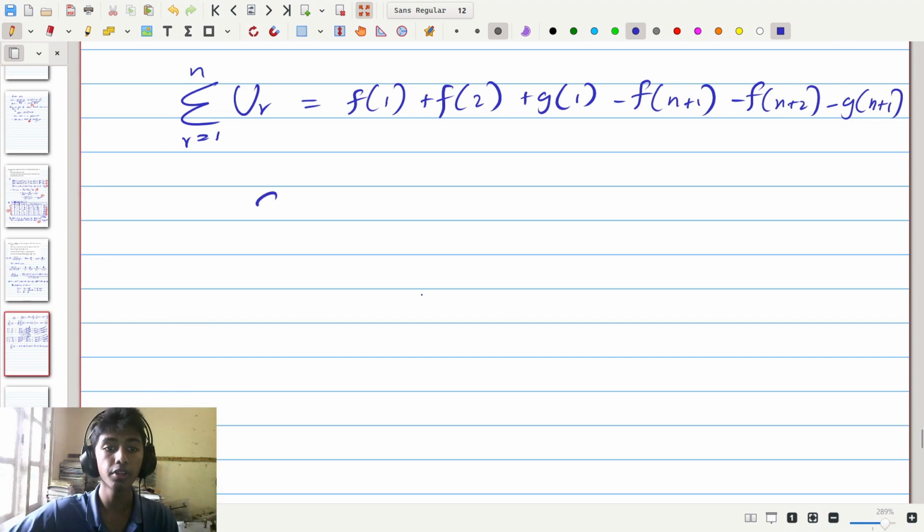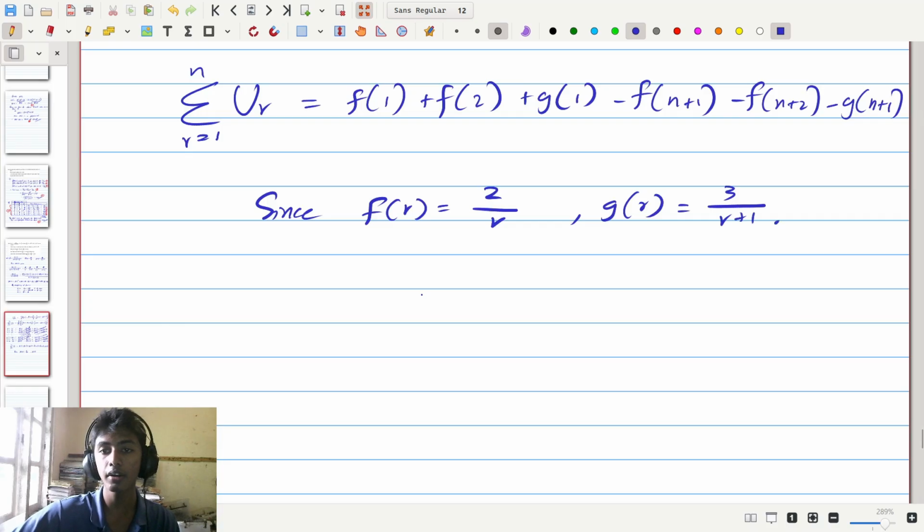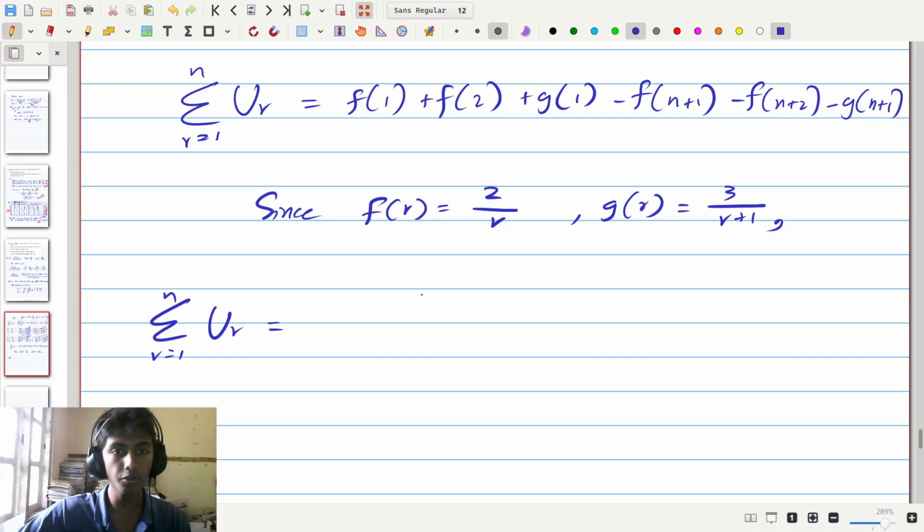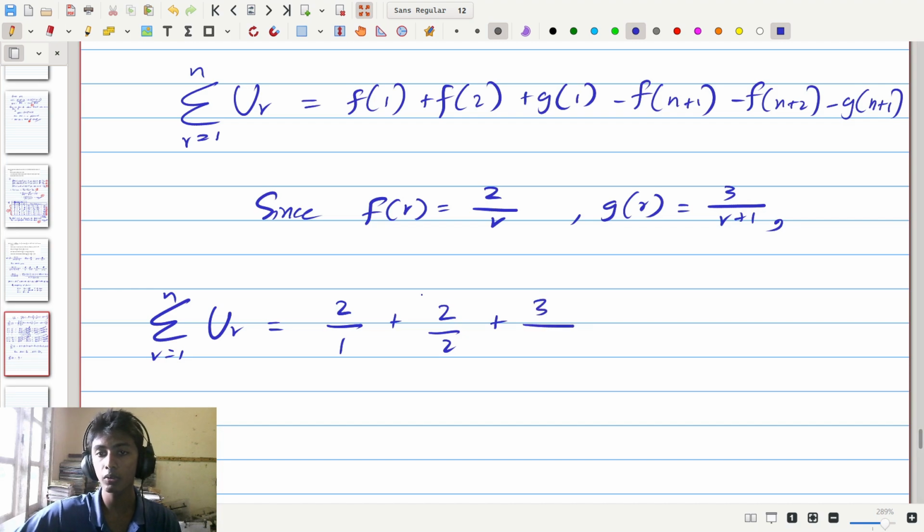So as we know, since f of r is equal to 2 over r and g of r is equal to 3 over r plus 1, we get that the sum from r equals 1 up to n of u of r is going to be equal to, now if we go around substituting, f of 1 is going to be 2 over 1, f of 2 is going to be 2 over 2, and g of 1 is going to be 3 over 2.